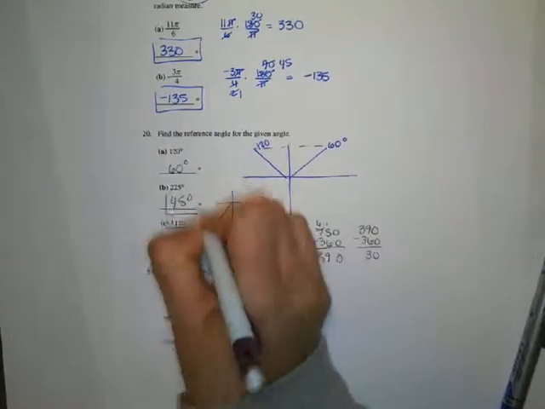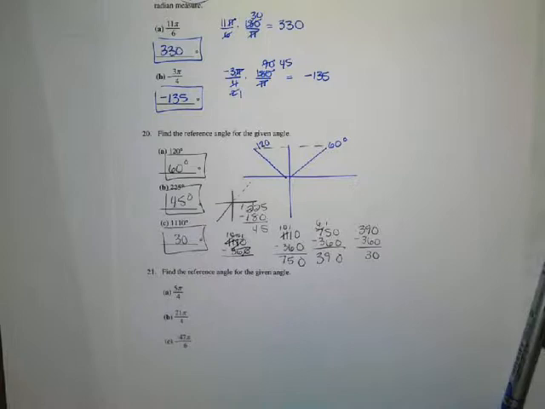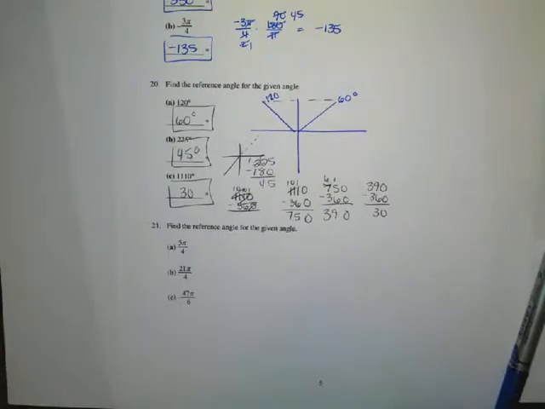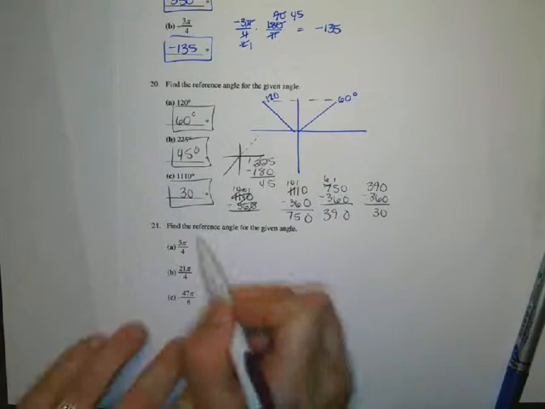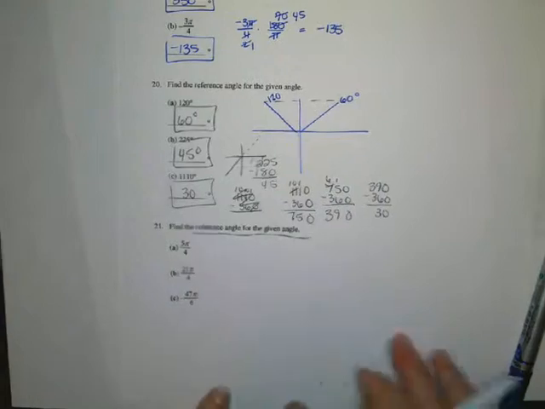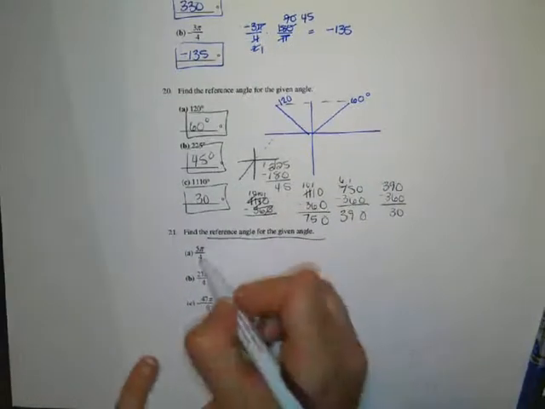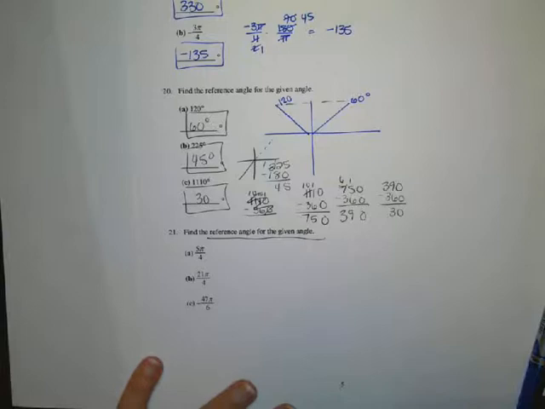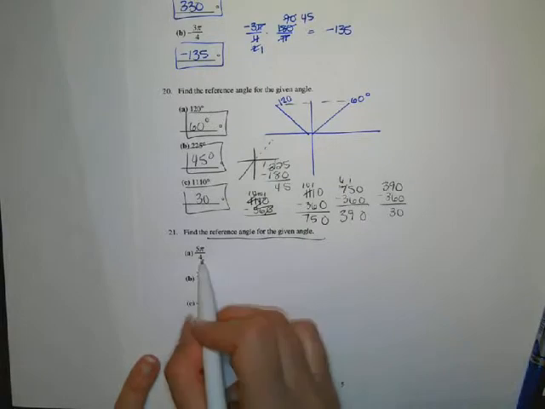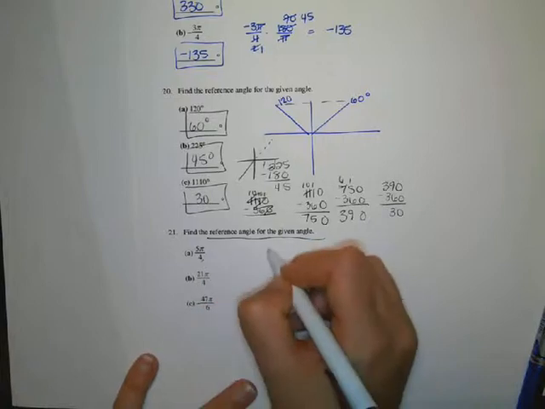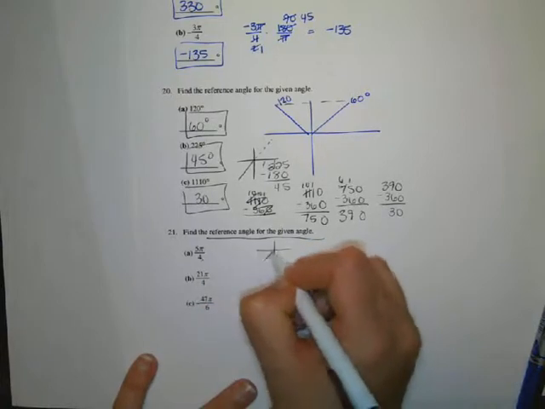Okay, last but not least, number 21. 5 pi over 4, 21 pi over 4, negative 47 pi over 6, and I have to find the reference angle for the given angle. In this case, 5 pi over 4. Look at your unit circle: if 5 pi over 4 is down here and I want it over here, I would do 5 pi over 4 minus 180.